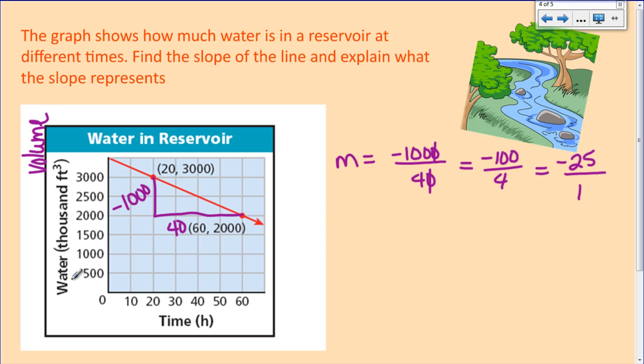Okay? You have a unit cubed that is going to mean volume. So we have the volume of the water each hour. Okay? So we have the volume in the reservoir each hour. And since my slope is negative, that tells me that the volume of the water is decreasing.